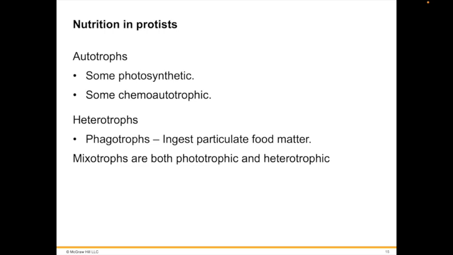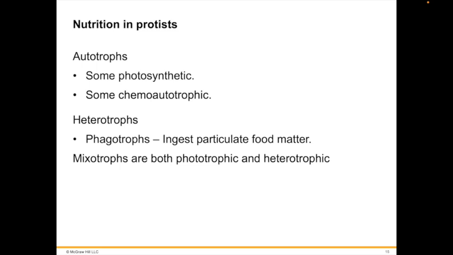Protists can be heterotrophic or autotrophic. The heterotrophs obtain energy from organic molecules synthesized by other organisms. Some autotrophic protists are photosynthetic, whereas others are chemoautotrophic. Some heterotrophic protists are phagotrophs. These are organisms that ingest particles of food into vesicles called food vacuoles or phagosomes.